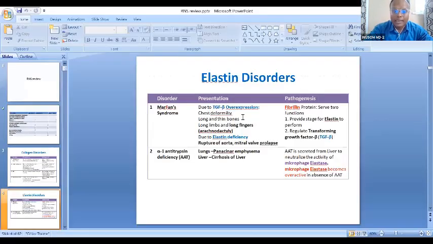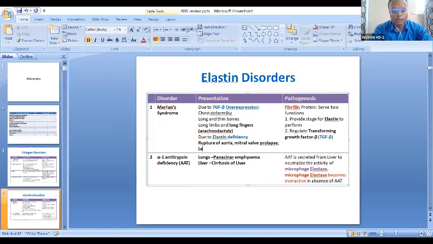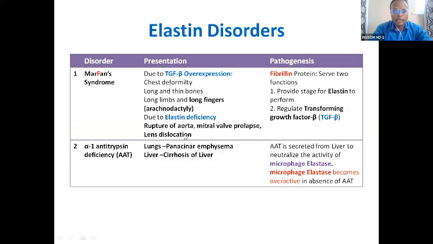One thing I forgot to write here: in elastin, two features I have written, the third is lens dislocation. These are features because of elastin deficiency.